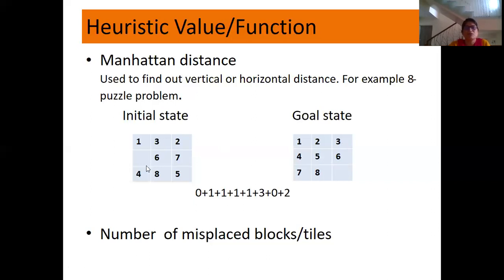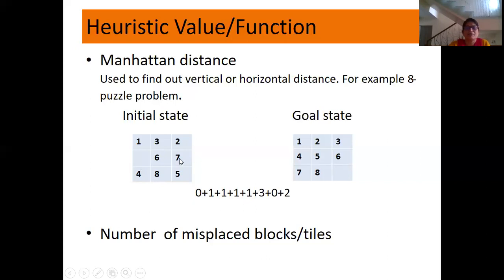Now, next you come to 4. 4 needs 1 vertical move. From down it needs to move up to reach its goal state. So again there is 1 movement. When you look at 6, it just needs 1 more horizontal move to reach its goal state. So again there is 1 here.